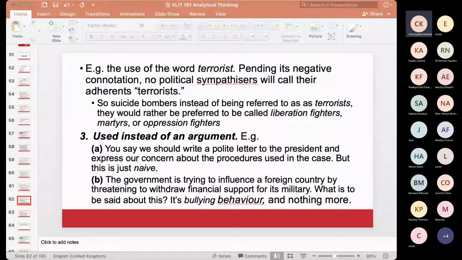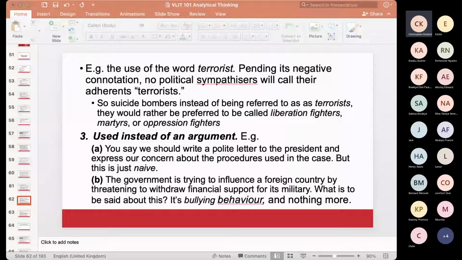And sometimes politicians, or not just politicians, even academics, and including those of you developing your intellectual faculties within the university environment, instead of using argument, you may tend to use emotively charged language.